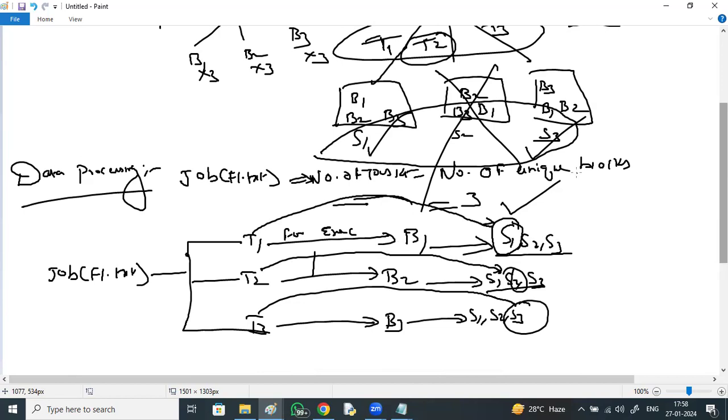Second, if the S2 system is down, then the T2 task is to be assigned to S1 or S3. Understand this? T2 task to be assigned to S1 or S3.